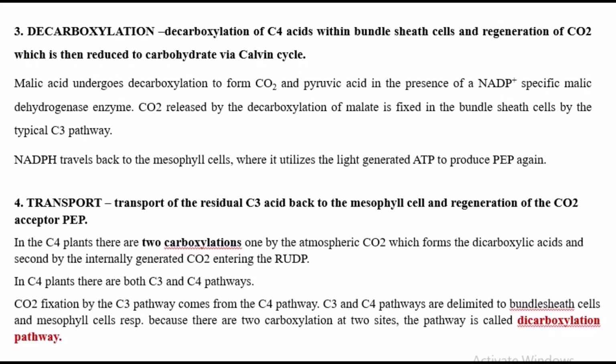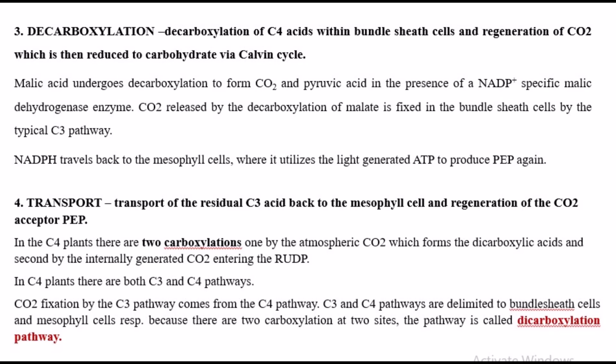In the fourth step, that is transport, the C3 acid produced in the bundle sheath is now transported back to the mesophyll cells to produce phosphoenol pyruvate, which now readily accepts another molecule of carbon dioxide.